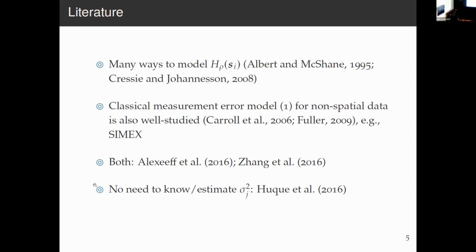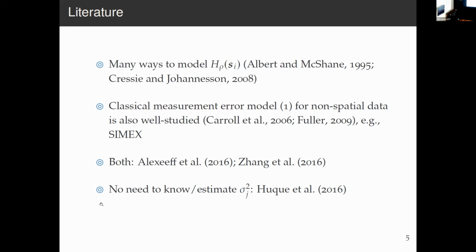So really the crux, or the key idea, of our work has to do with this last point here. The classical or more traditional approaches to dealing with measurement error that have been introduced so far typically need you to actually know the measurement error sigma j squared, or at least be able to estimate it from some validation or replication data.